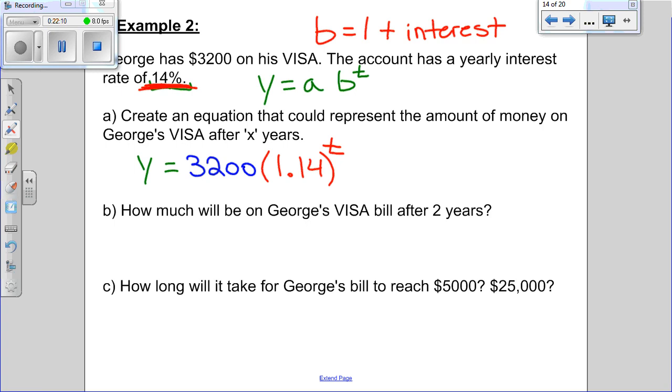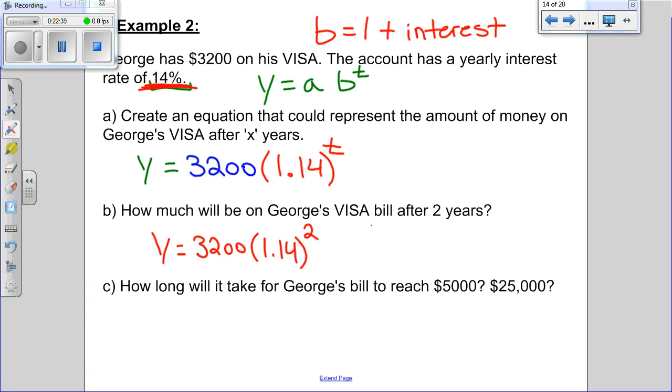All right, question B. How much will be on George's Visa bill after 2 years? So just 2 years of not paying it, that means t equals 2. So y equals 3,200 times 1.14 to the power of 2. You put that in your calculator, and he's going to owe $4,158 and 72 cents.